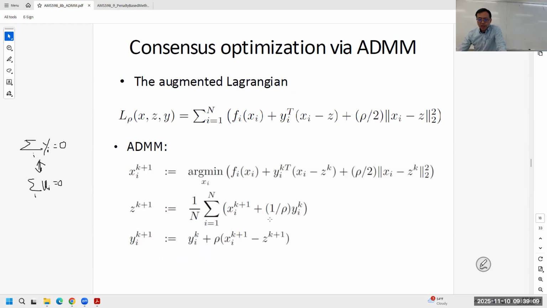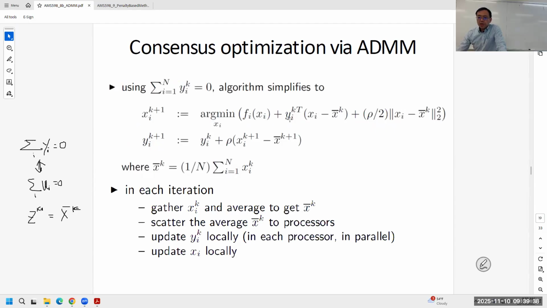So you can see from this step that zk plus 1 is actually just equal to x bar k plus 1. In this case, it is x bar k because it's from the previous step. When you try to update xi, your z, which is x bar k, is from the previous step, and your yi is from the previous step.